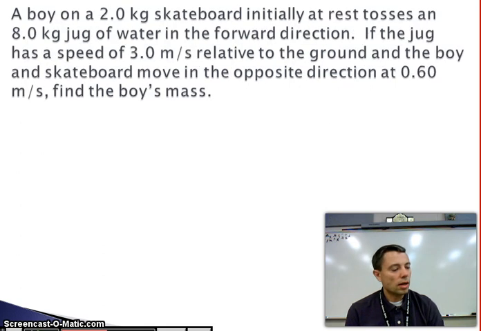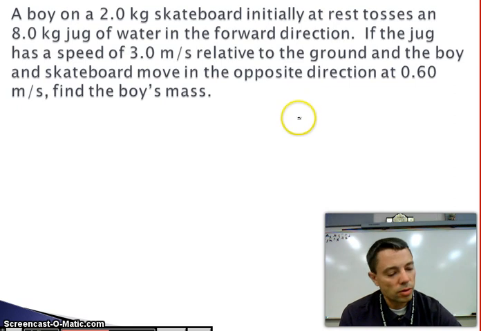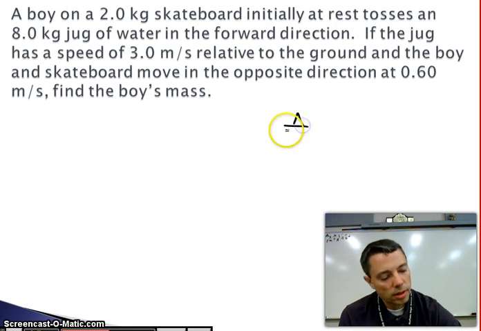All right. Now let's look at, we have a boy on a skateboard and it's initially at rest, tosses a jug of water in the forward direction. The jug has a speed relative to the ground, so that means that the skateboard moves in the opposite direction. Okay, so I'm going to draw my little picture here. Here's my skateboarder.